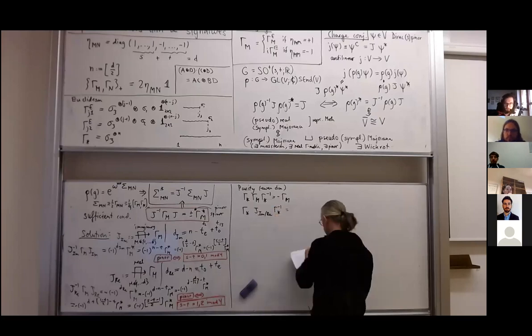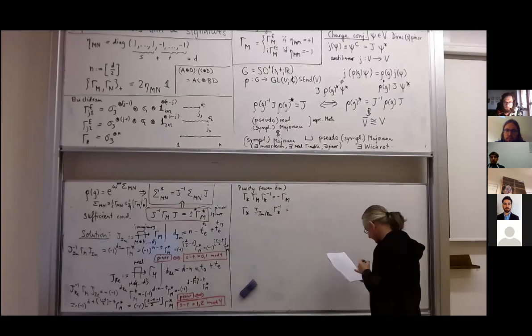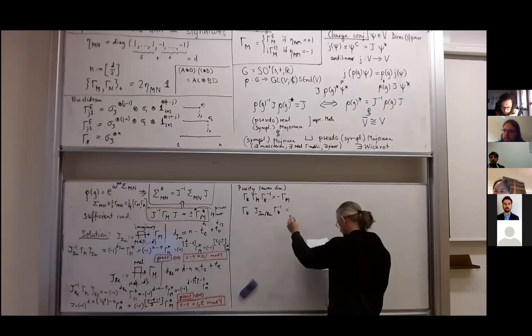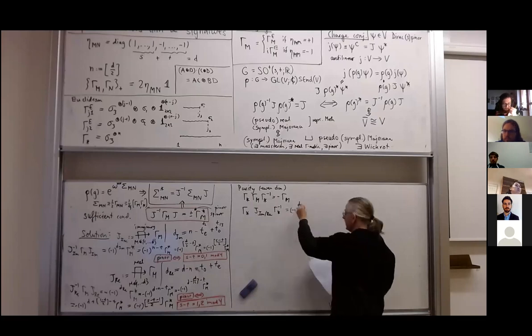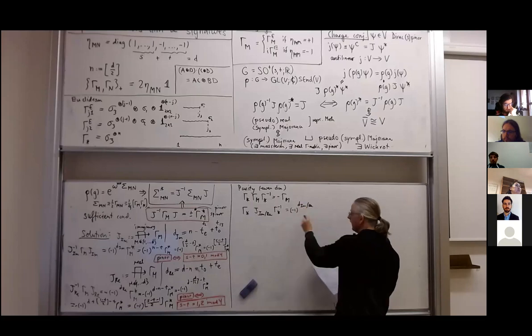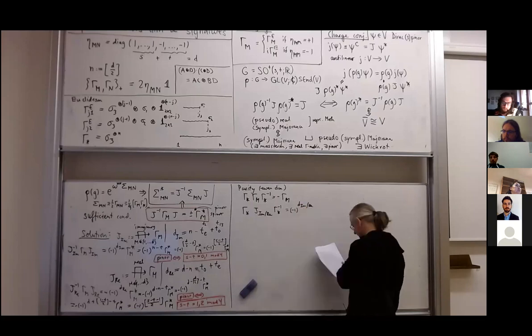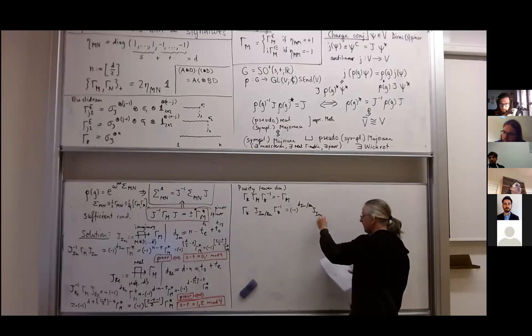And it turns out that this will be equal to -1 to the d im, or real part, times J im, real part.